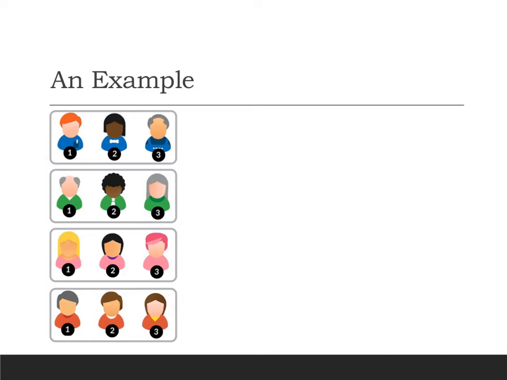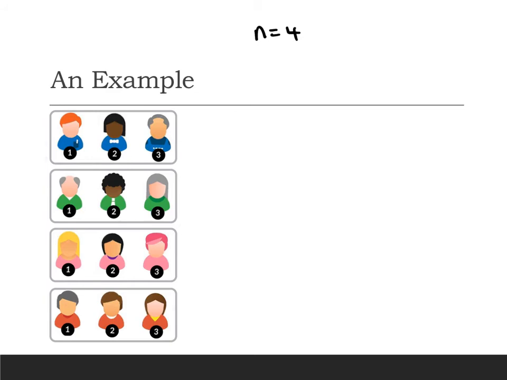Since we have an equal number in each of these groups, I would like to just choose one person from each group. I'm going to get a sample of size 4, so n equals 4. I'm going to randomly select, so I'm going to set my random number generator to be from 1 to 3, because each group has 3 people, and I've labeled them each 1 through 3.